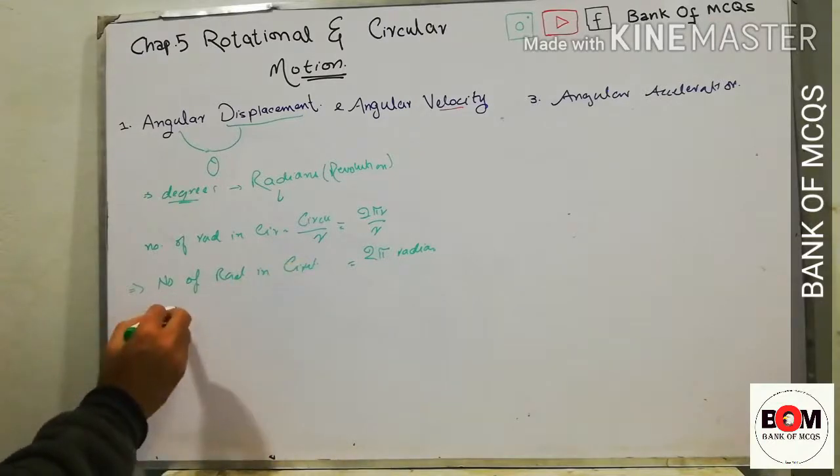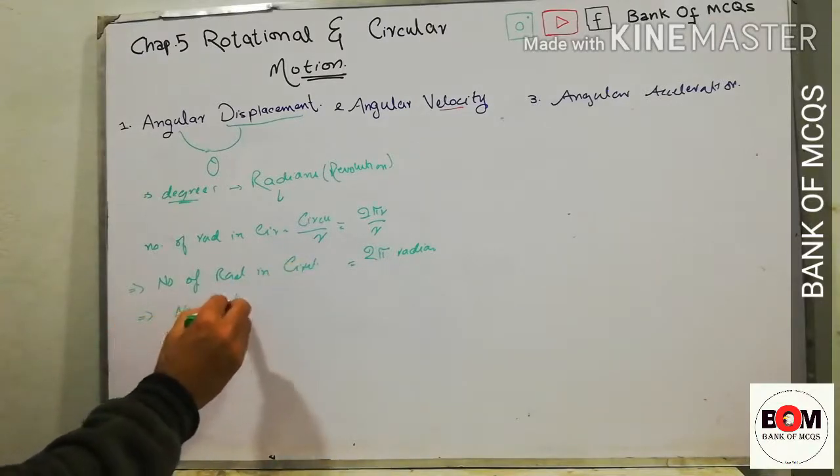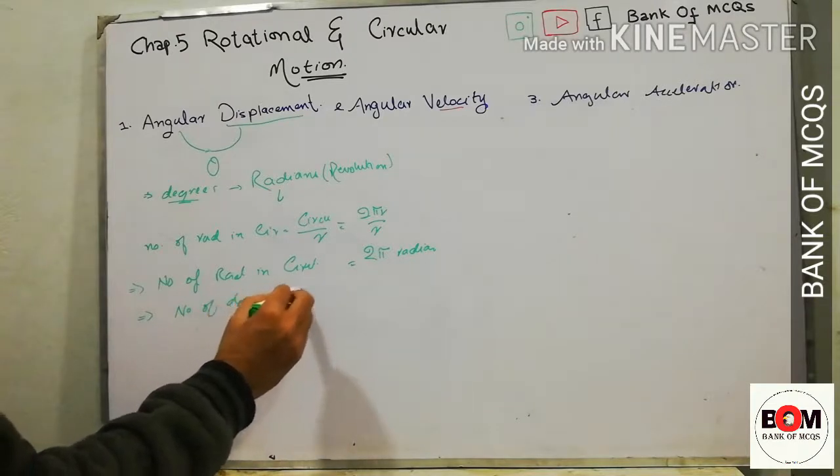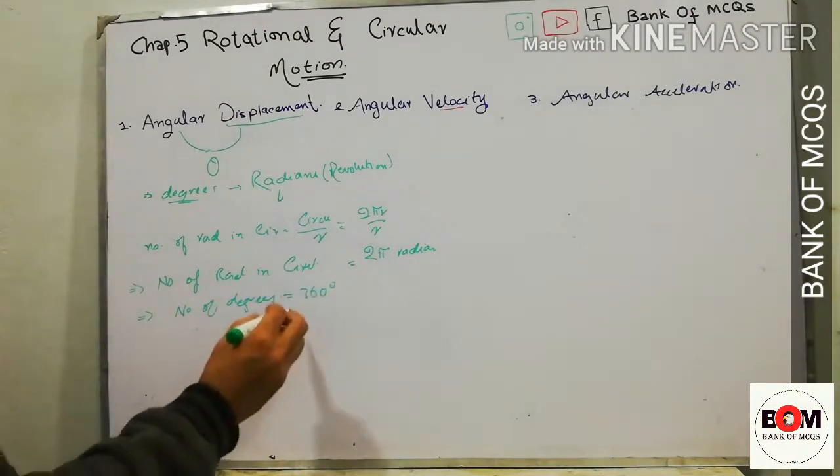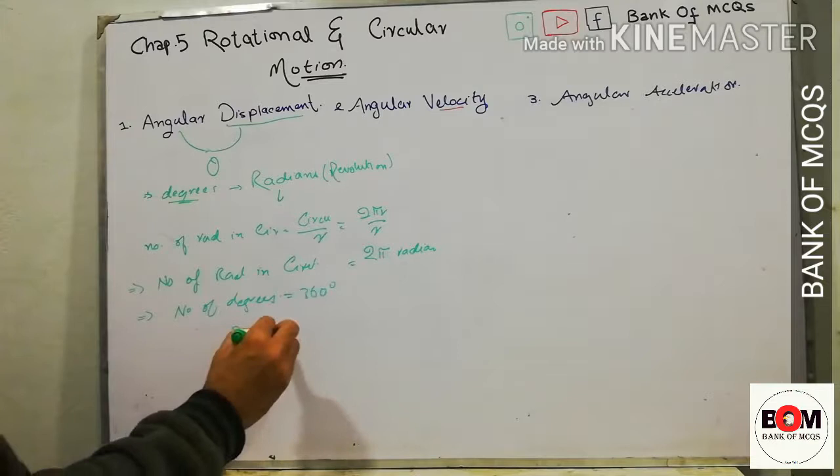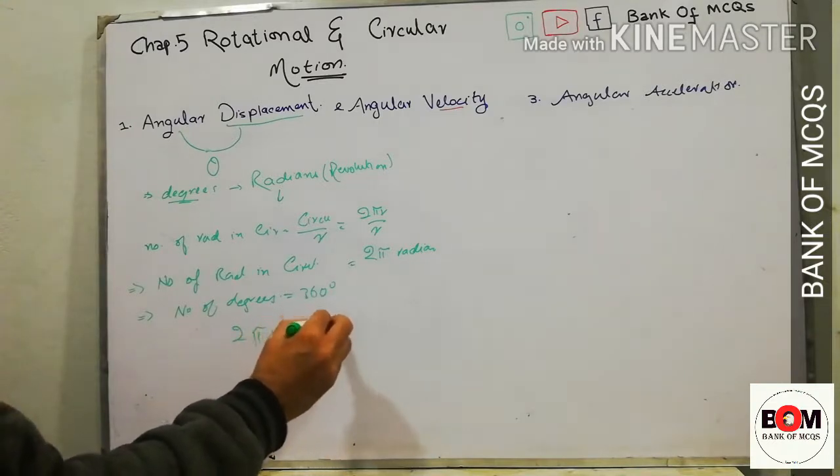Further, we know that the number of degrees in one circle is 360 degrees. So in one circle, 2 pi radians is equal to 360 degrees.